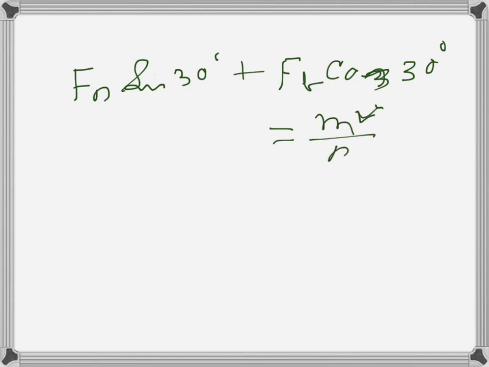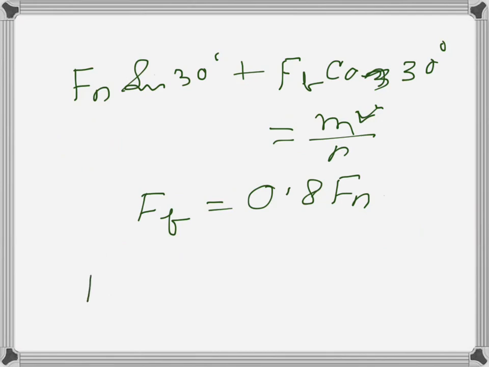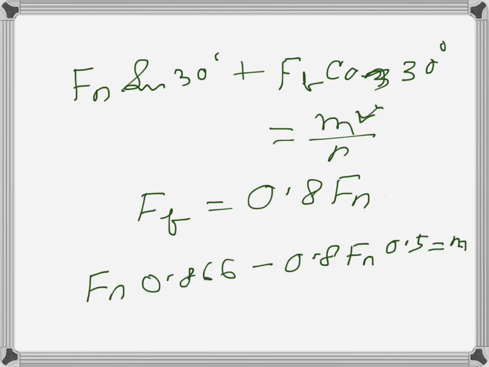Now it is said that the coefficient of friction is 0.8. So the frictional force Ff will be equal to 0.8 Fn. That's what it means. So if we plug in those values in these two equations: Fn times cos 30, 0.866, minus 0.8 Fn times 0.5 is equal to mg.